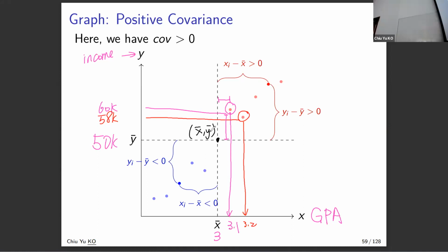So if all your data falls in these two regions, it's positive. Add them all up, it's again positive. So the more data in here, the more positive you are. And you can easily imagine your data being in the southeast or northwest, then these two are negative.